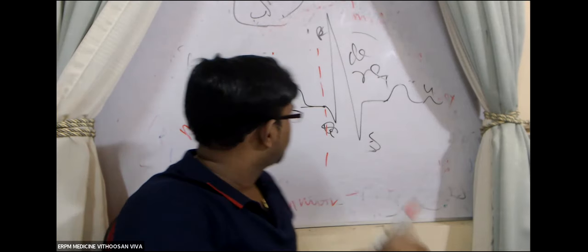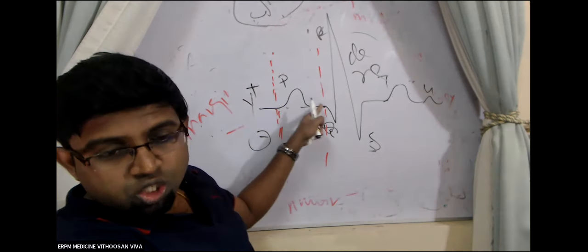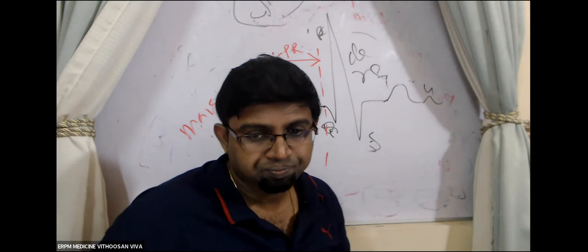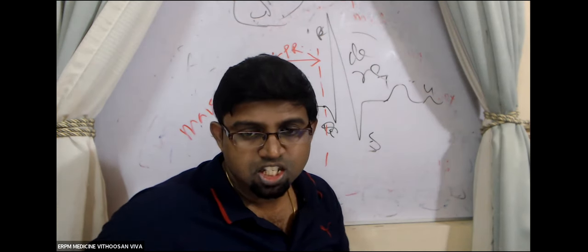From the start of the P wave to the start of the QRS, this we call the PR interval. Clear? PR interval.